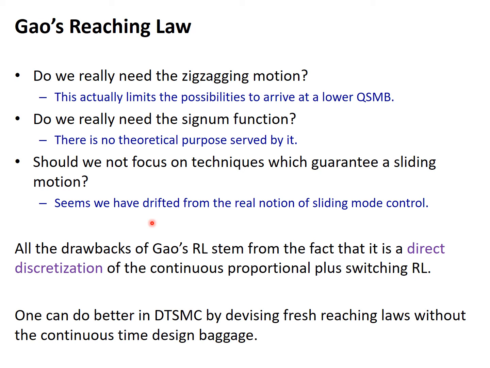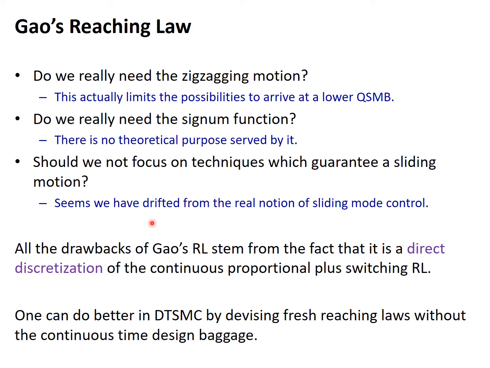It has been seen later on that this actually limits the possibilities to arrive at a lower quasi sliding mode band. Next question is, do we really need the signum function? This does not serve any theoretical purpose anymore. In continuous control, there was a theoretical purpose behind using the signum function.